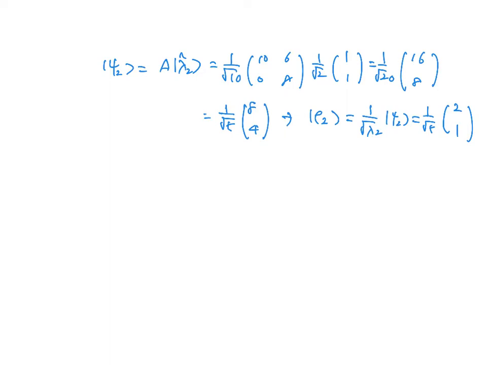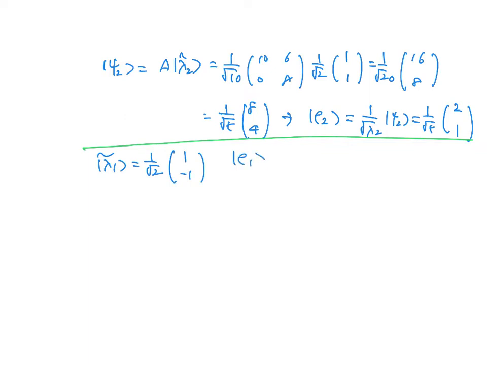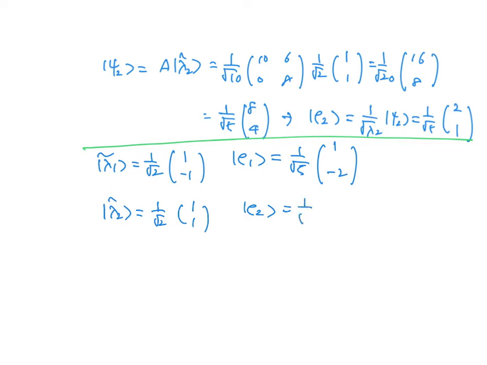So let's summarize. We have lambda 1 tilde as 1 over square root of 2 times (1, minus 1), E1 as 1 over square root of 5 times (1, minus 2), lambda 2 tilde as 1 over square root of 2 times (1, 1), and E2 as 1 over square root of 5 times (2, 1).